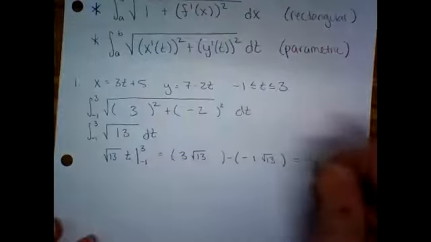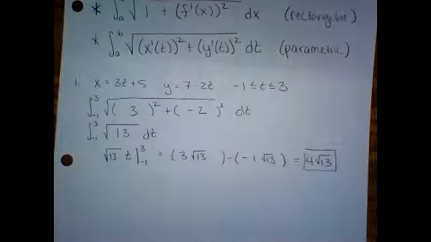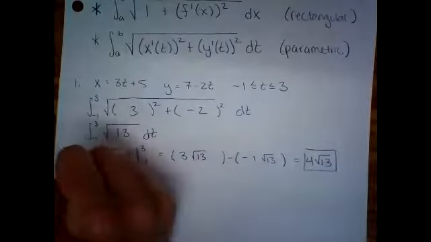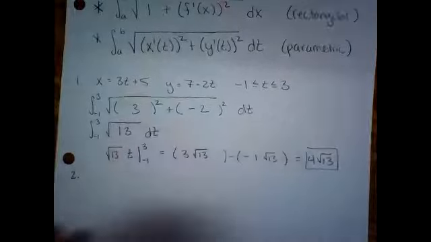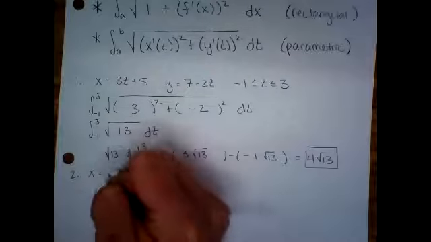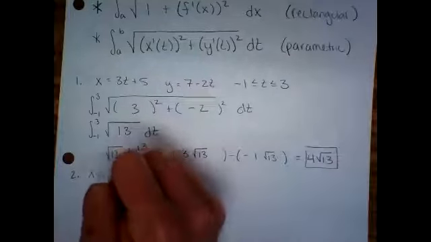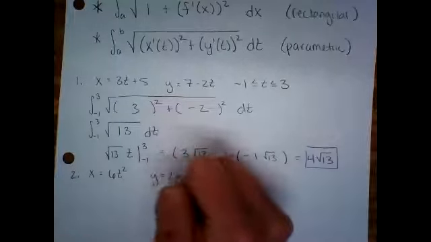That would be 4 square root of 13. That's essentially it. That's the topic. That's the concept we're covering. We're just going to practice that a couple more times. And again, I have us working this whole one out so that we can practice doing integration more than anything else.